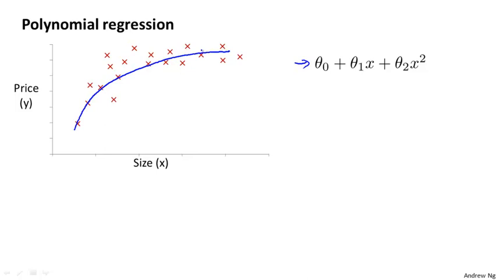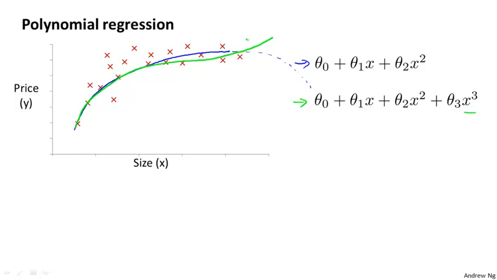But then you might decide that your quadratic model doesn't make sense, because with a quadratic function, eventually this function comes back down, and well, we don't think housing prices should go down when the size goes up too high. So then maybe we might choose a different polynomial model and choose to use instead a cubic function, where we have now a third order term, and if we fit that, maybe we would get this sort of model. And maybe the green line is a somewhat better fit to the data because it doesn't eventually come back down.